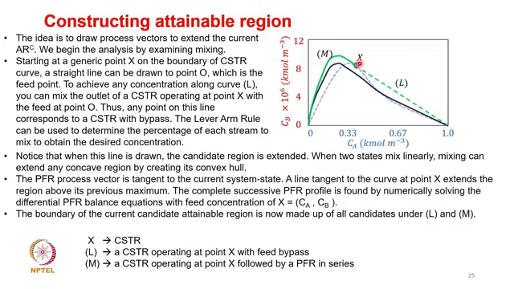And the PFR rate vector, which is tangent to the current state, a line tangent to the curve at the point X, extends the region above this. Okay. And of course, at this point you can find a PFR profile by numerically solving the PFR balance equation. And how do we eventually reconcile the design now?